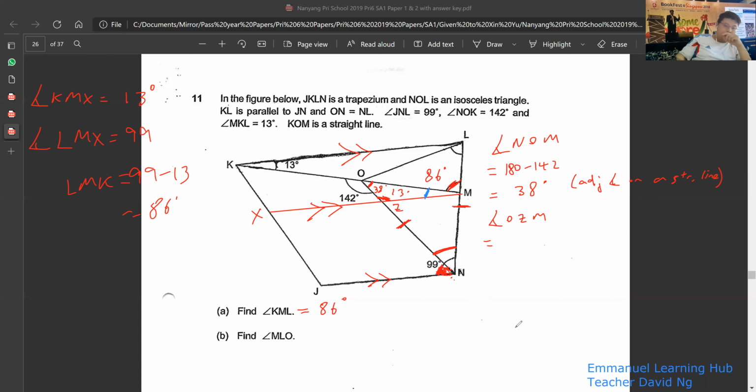How to find angle OZM? 180 minus 38 minus 13. Yes. Why? What's the reason?